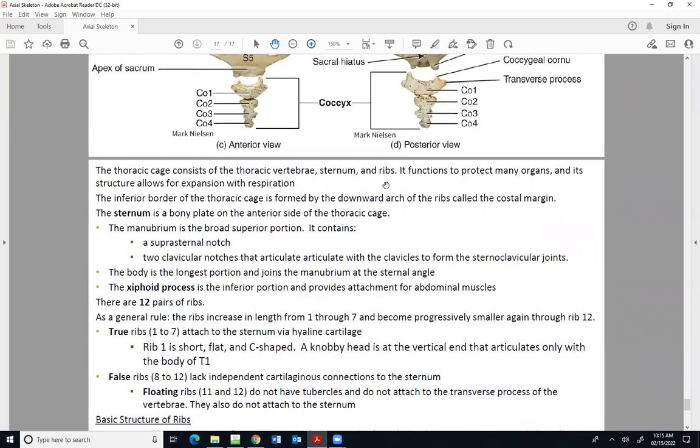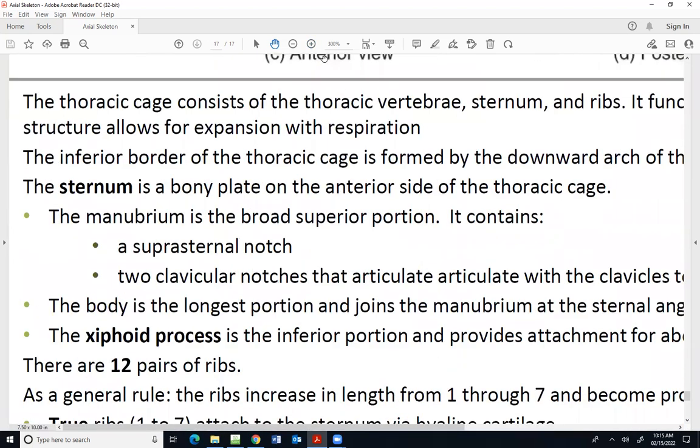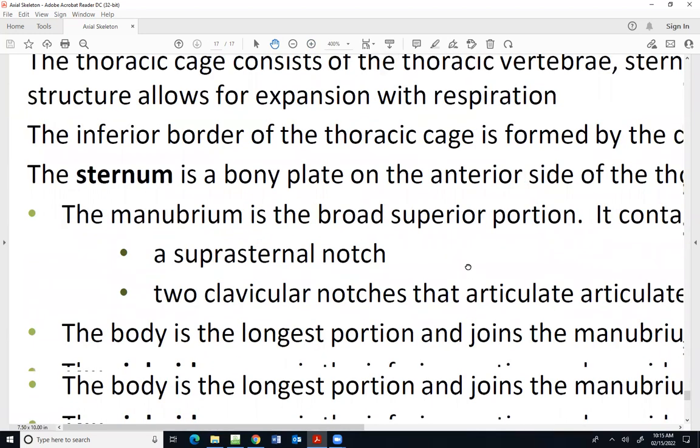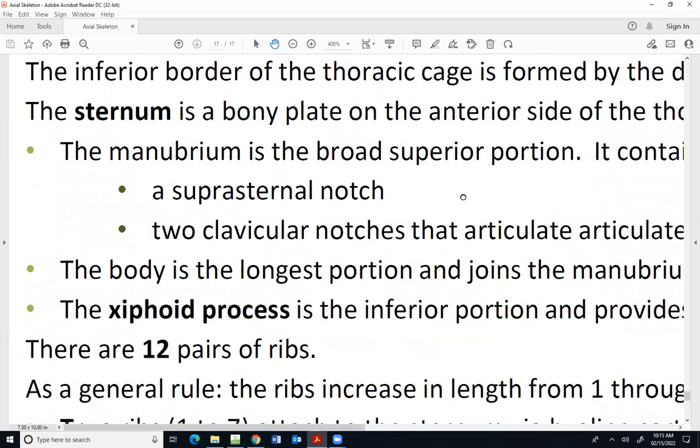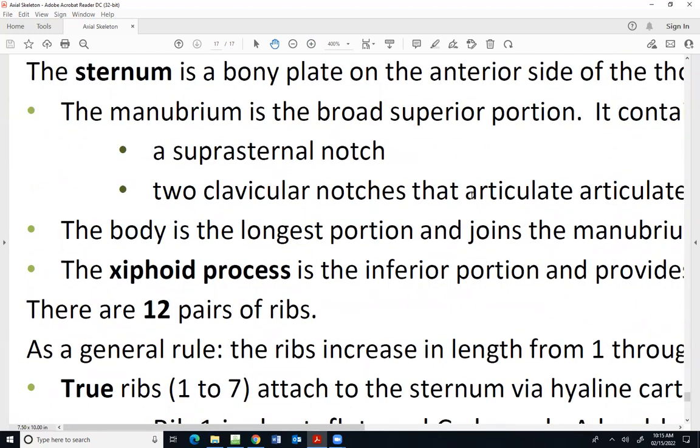And now finally, we've got one last slide, kind of wrapping things up. I'm going to talk on this slide about the thoracic cage.